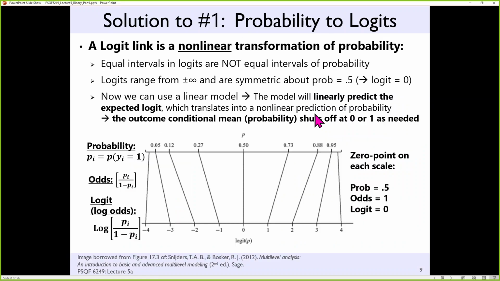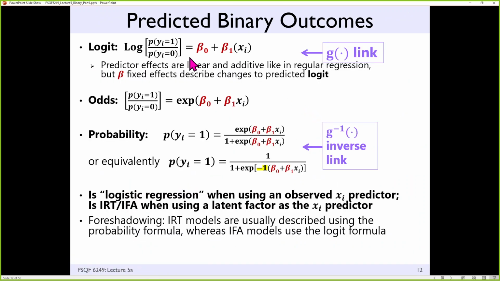If you run your model on your data, you tell it what x is, you tell it what y is, you say, I want x to predict y, go. It will spit out numbers for what beta 0 was supposed to be, an estimate, standard error, all that stuff. It will spit out numbers for beta 1, and then you can use that to create a predicted logit given any value of x for anyone in your sample.